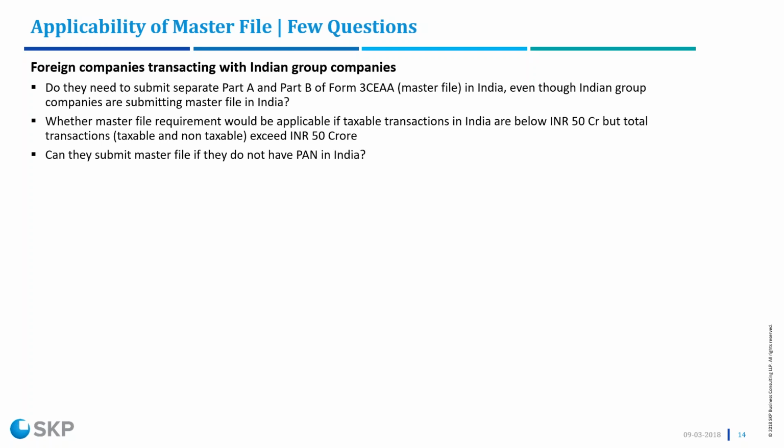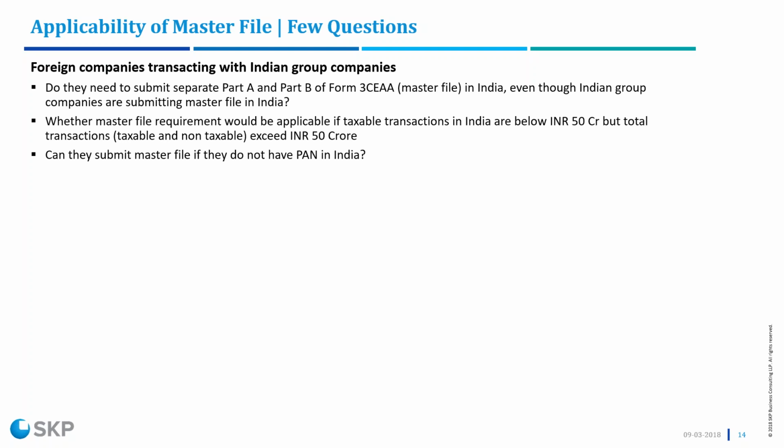I think given that this is the first year of activity of master file, it would have been a really good step if CBDT would clarify something by way of FAQs. We have seen CBDT has come out with a number of FAQs, so this was one place which I thought was absolutely required in terms of clarifying the positions.